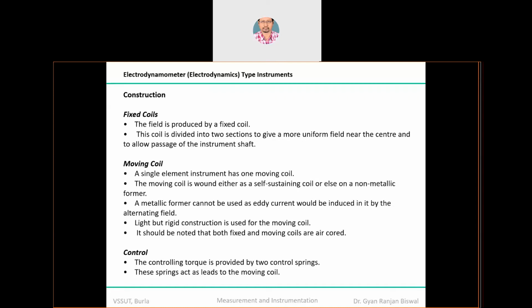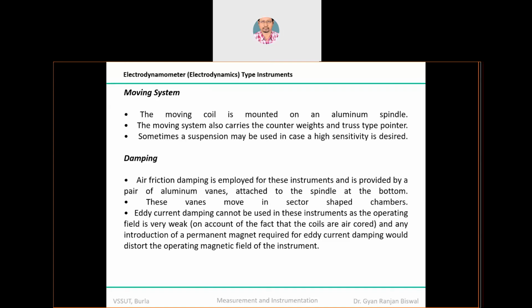Now, as far as damping is concerned, in the case of PMMC you might have noticed that the damping is provided by eddy currents, because that is a natural phenomenon there. In the moving iron type of instrument, it is created using air friction damping, because the movable part is so sensitive that it could be damaged. You cannot create eddy current damping in that case, where eddy current is naturally originated as in the PMMC measurement.